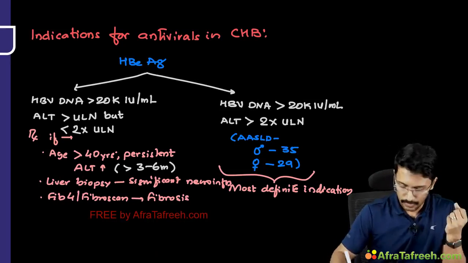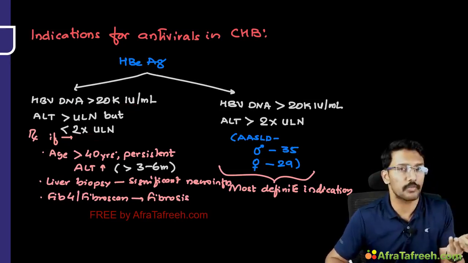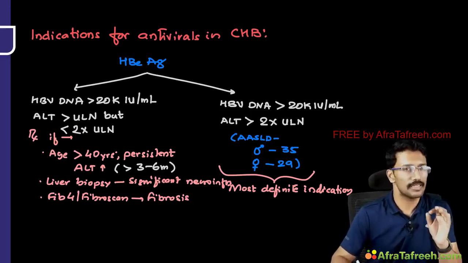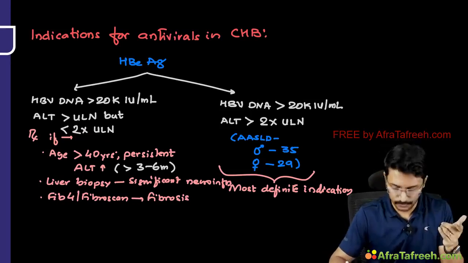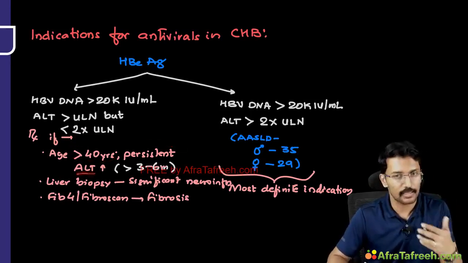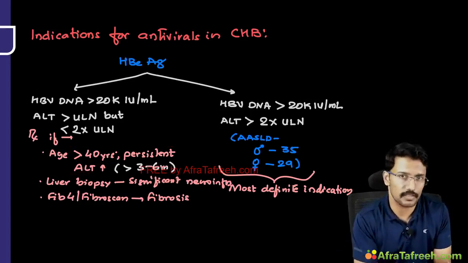Now, if the DNA is high but the ALT is not elevated more than 2 times the upper limit of normal, but certainly elevated above the upper limit of normal, in those cases a selected set of patients we will initiate. When the age of the patient is more than 40 years and the ALT remains elevated 3 to 6 months down the line, I will consider treatment.